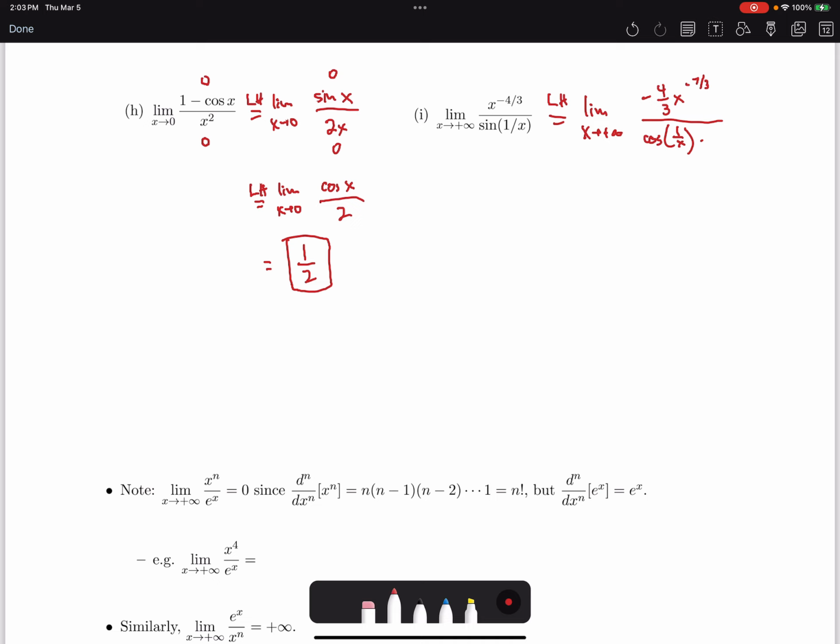Well, 1 over x is the same as x to the negative 1, right? And the derivative of x to the negative 1 is going to be negative 1 times x to the negative 2, or in other words, negative 1 over x squared. Okay, so this is times negative 1 over x squared.